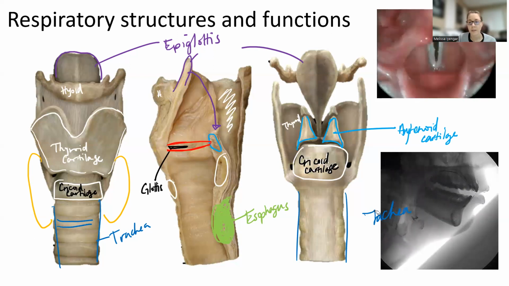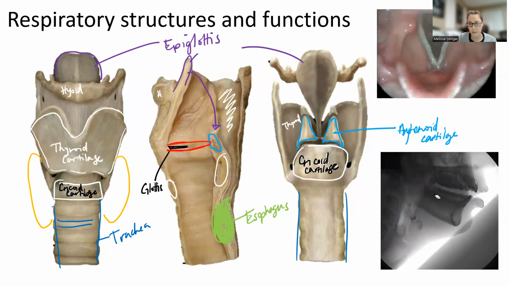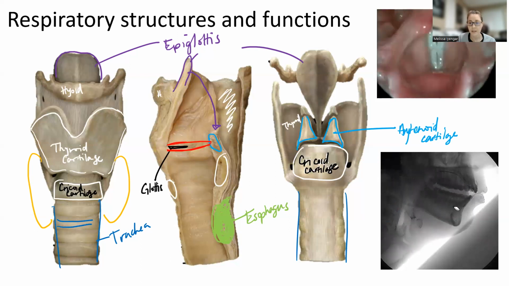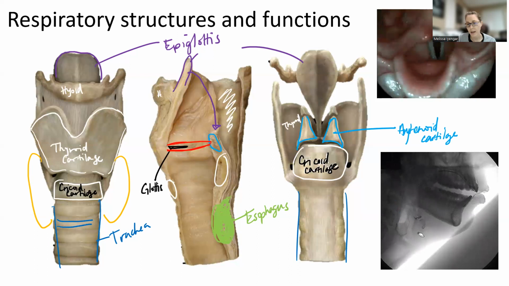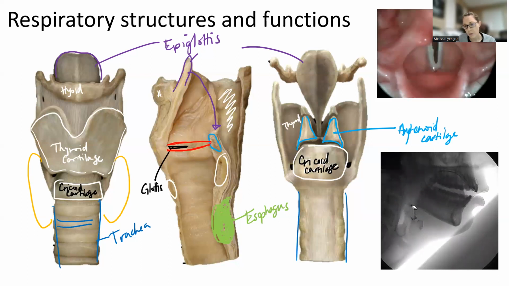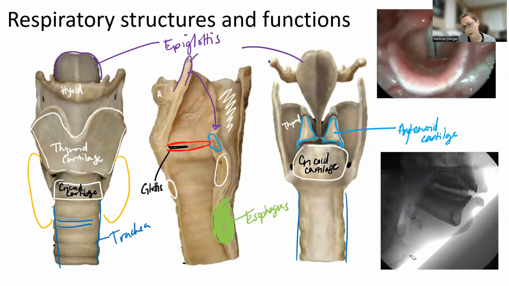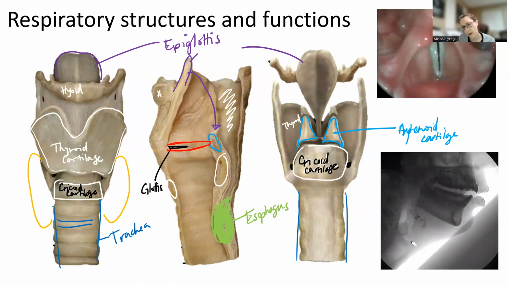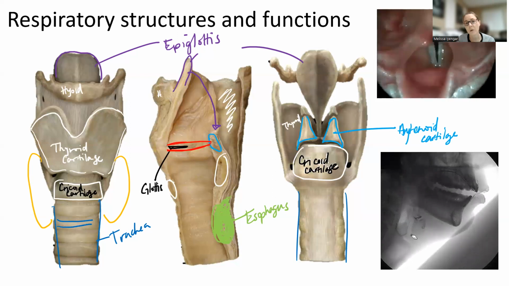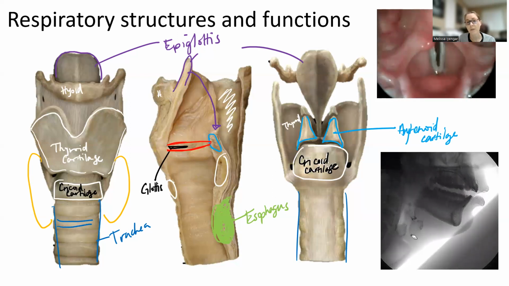Speech is actually being able to use that vibration that you created to create words. So on this video down here, what you can kind of see is that the tongue and the lips are being used, and you also see the epiglottis right there. Maybe you can see a little bit of the beginning part of the larynx, the thyroid cartilage, moving forward and backwards in order to create different sounds.